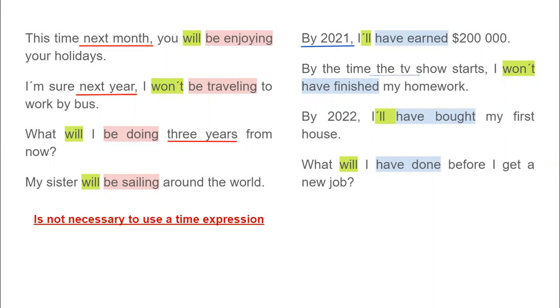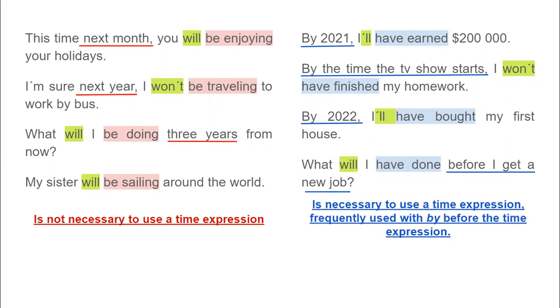And in the blue ones, it is necessary to use a time expression, frequently used with by before the time expression.